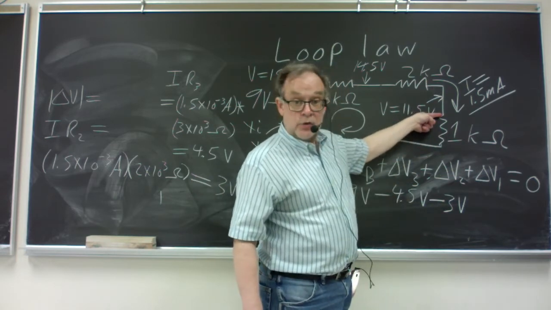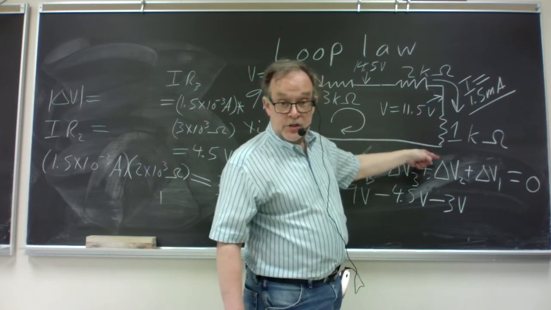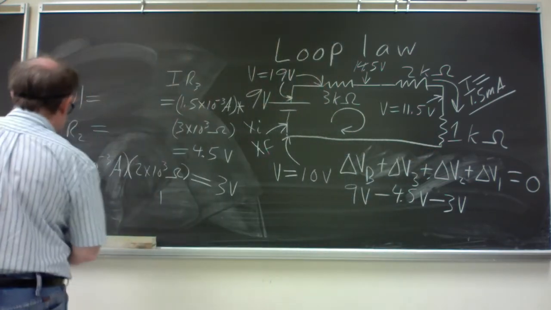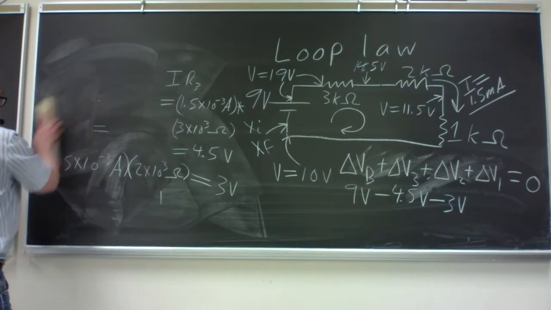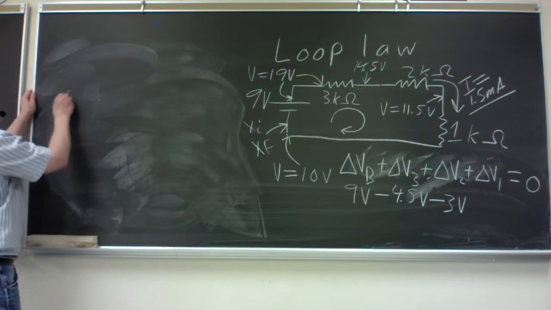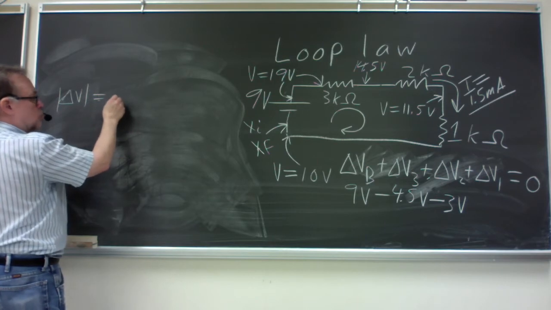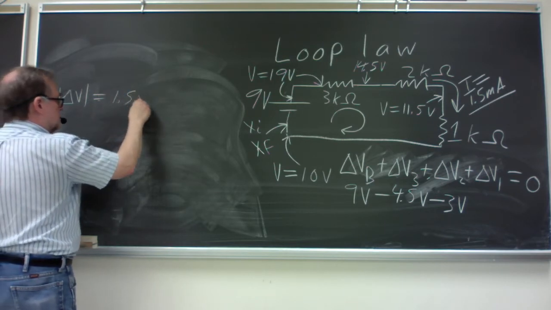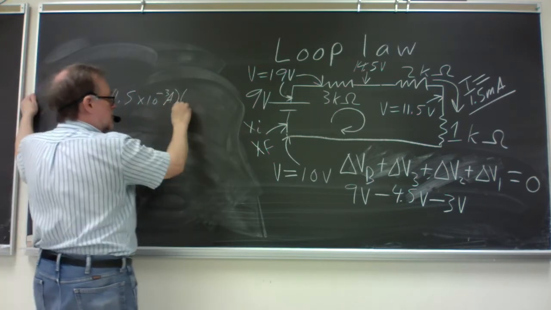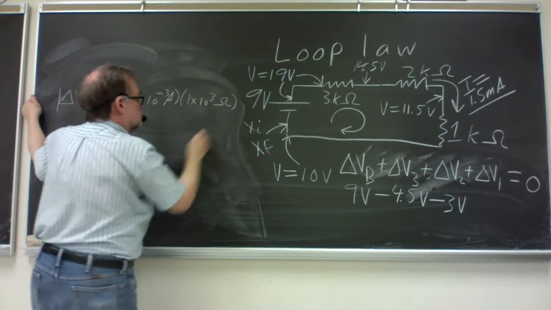Potential right here at the entrance to the last resistor is also 11.5 volts, and this will be at a somewhat lower potential. How much lower? Use Ohm's law again. The change in potential is the current, 1.5 times 10 to the minus 3 amps, times what? 1 times 10 to the plus 3 ohms, 1,000 ohms.